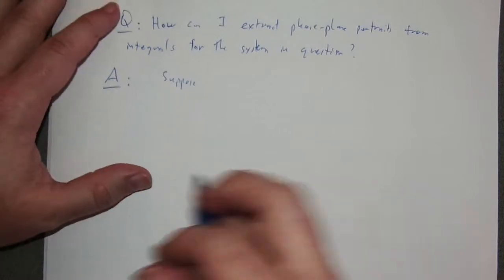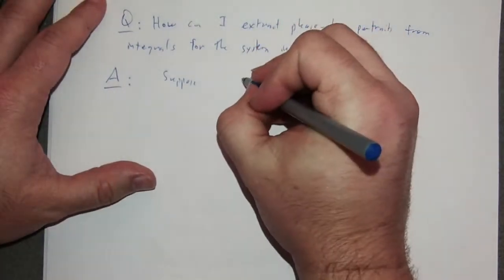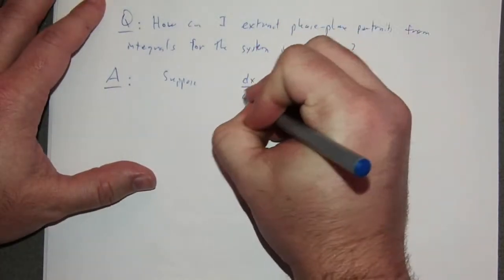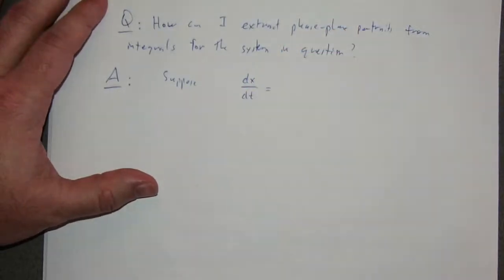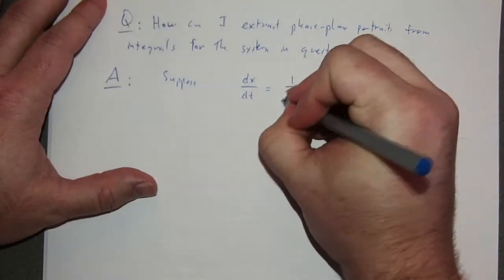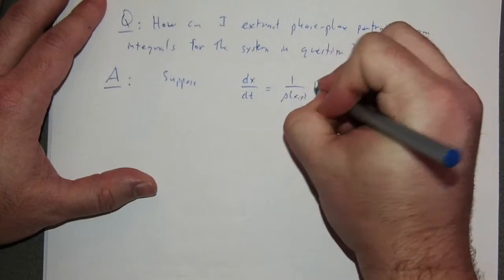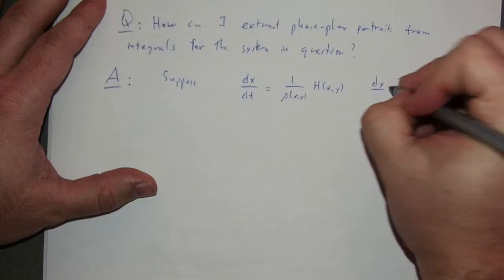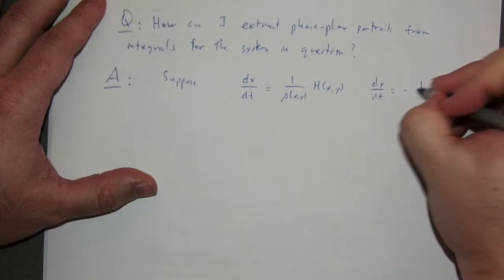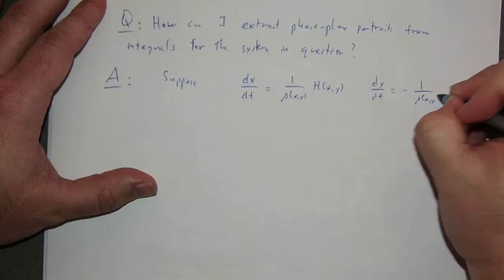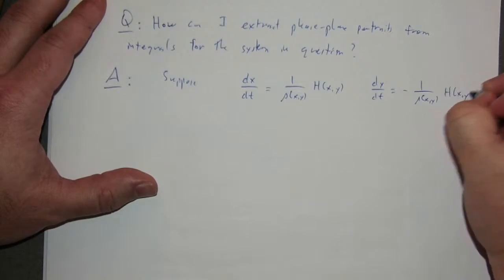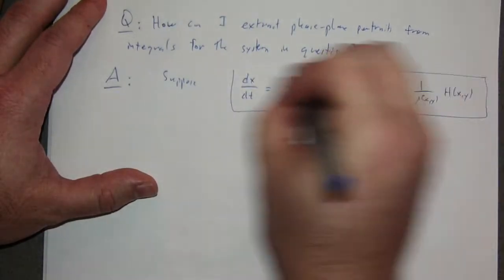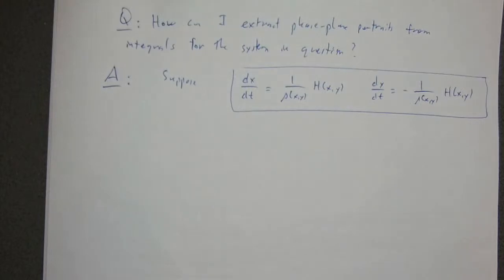So suppose the system in question is dx/dt equals 1 over rho of xy times the y partial of h, and dy/dt equals minus 1 over rho of xy times the x partial of h. So this is my system in question, my conservative system.